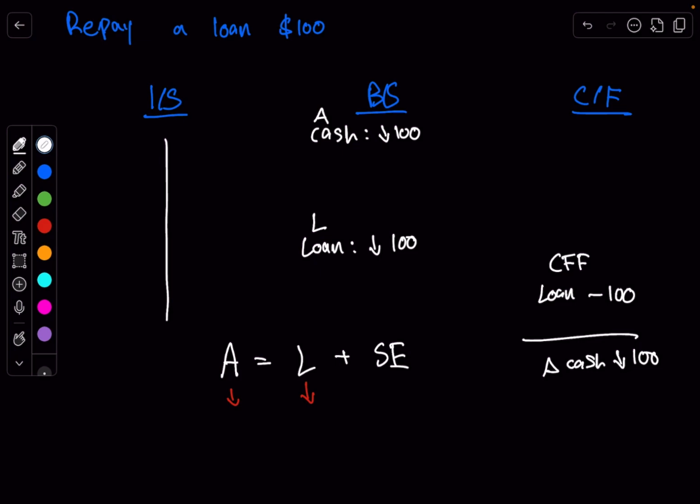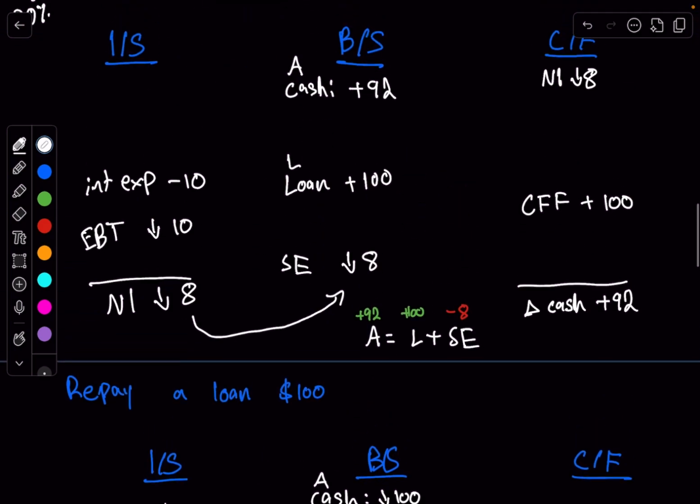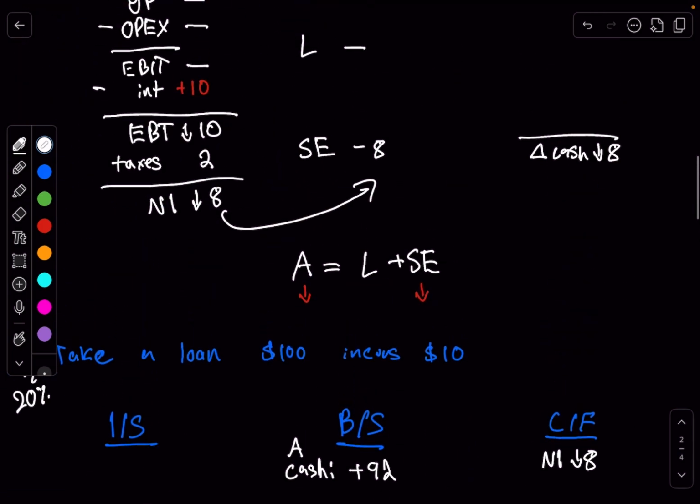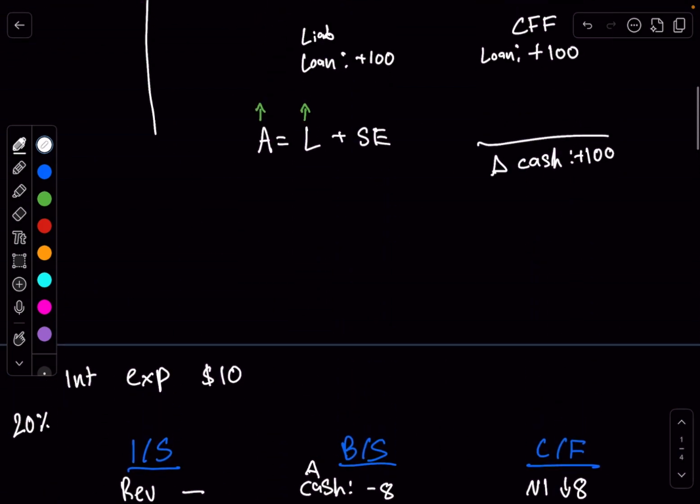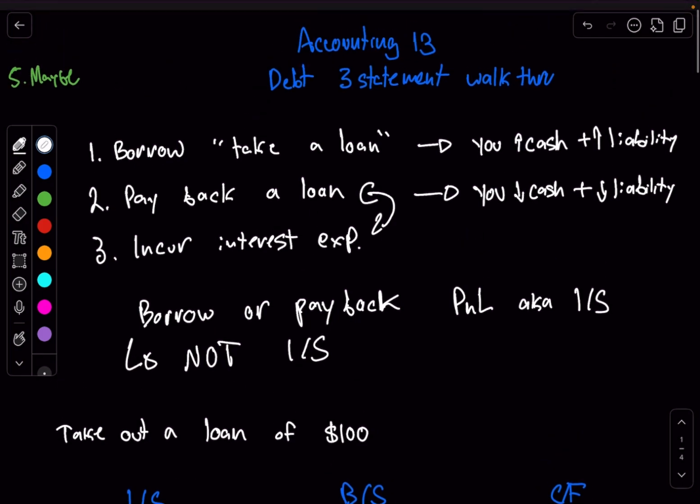So it sounds kind of complex, and on the three statements, it is far more complex than this. But that's not a question that I would really lose any sleep over. It's relatively rare that you would get something like that, and I will make a video on that as well. But for the most part, this is all that you really have to know in terms of debt on the three statements.